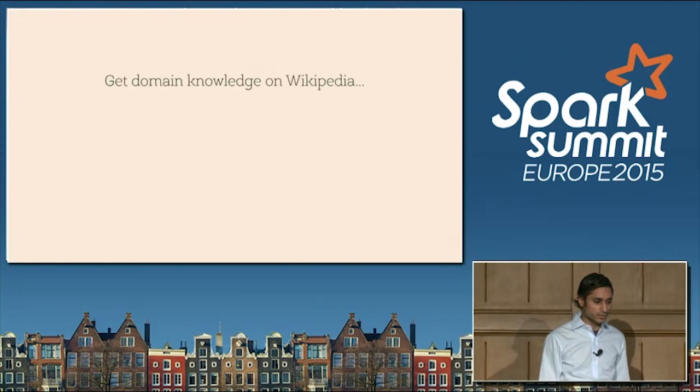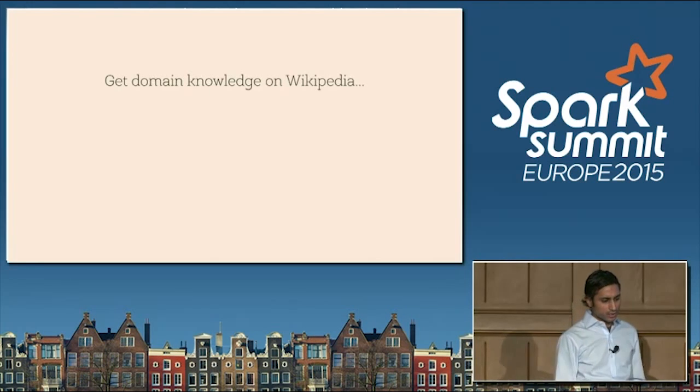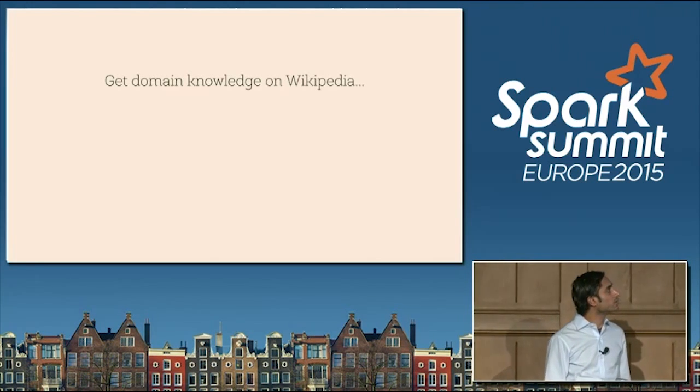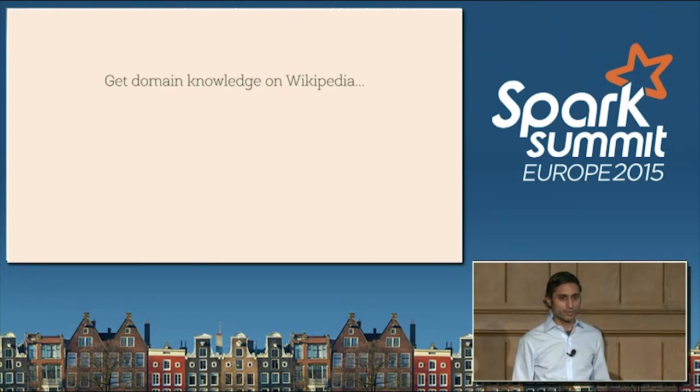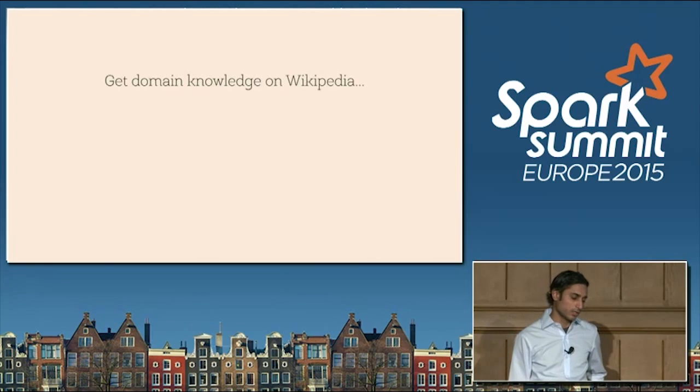The first thing is I recommend getting some domain knowledge on Wikipedia before you continue to hack Wikipedia's data sets. To make this class, I read a really good book on Wikipedia called The Wikipedia Revolution, by a really good author.